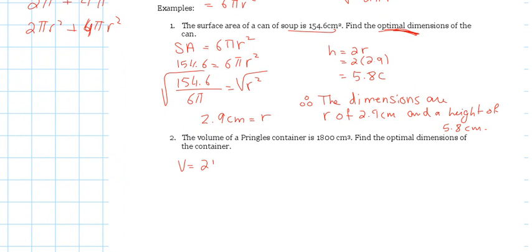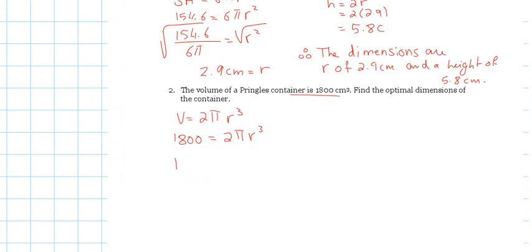So the volume is 1800, divided by 2 pi. And then cube root to get rid of that cube.